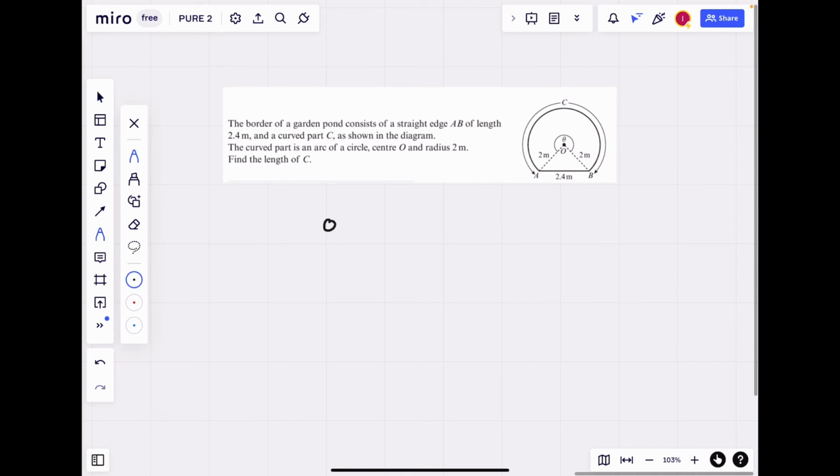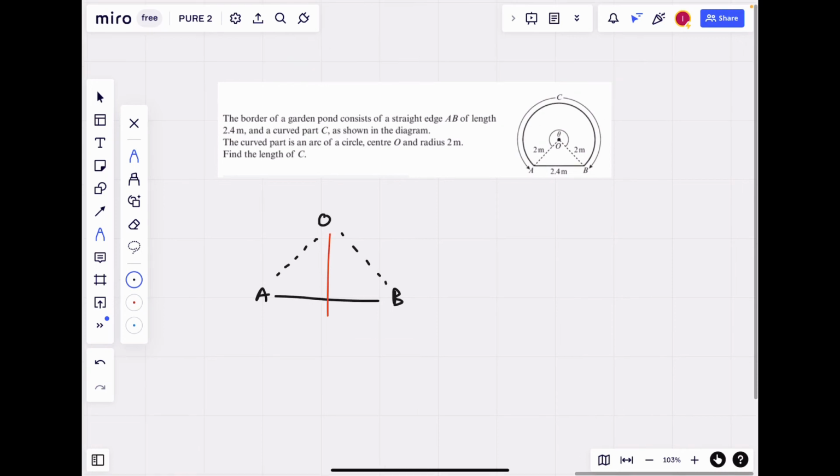Let's draw that OAB triangle. And let's split it in half. When we split it in half, this line would be 1.2 meters long. This would still be 2 meters, and we don't know the angle. So let's just make that x. So, can you work out x for me, please?